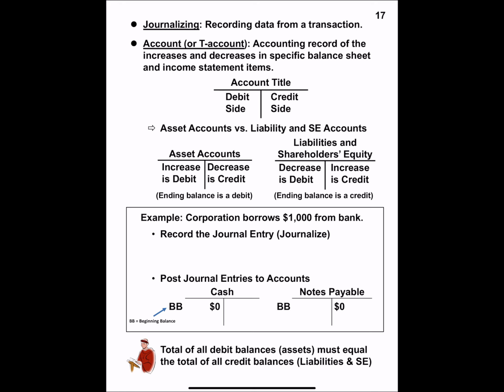Next, we have the notion of an account. An account is a place where we record increases and decreases in a specific balance sheet or income statement account. For example, cash would be an account. What are some other examples of accounts? Again, cash is an account. Inventory is an account.